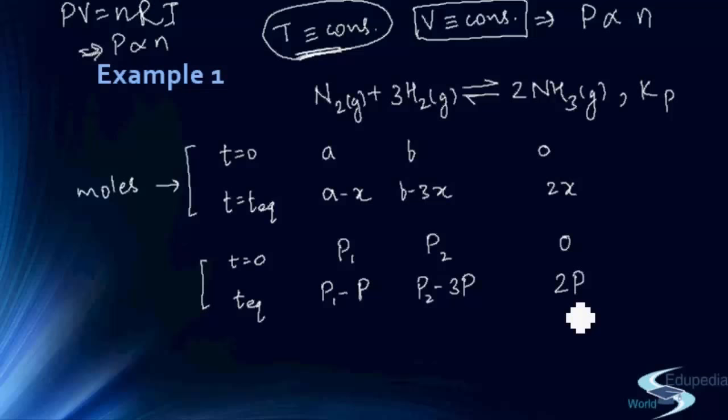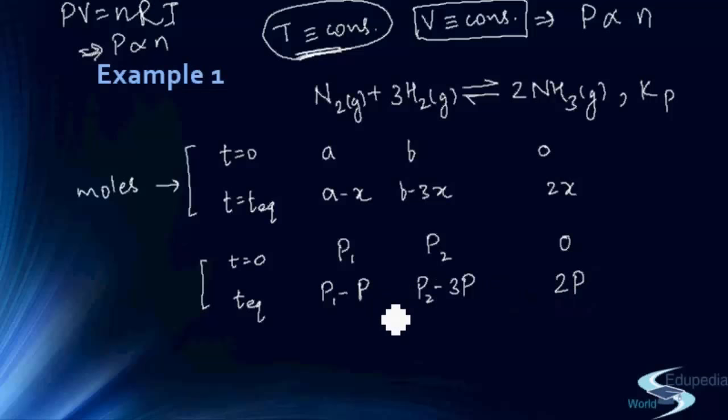So P1 minus P and P2 minus 3P are the partial pressures of nitrogen and hydrogen left at equilibrium, and 2P becomes the partial pressure of ammonia formed by the time equilibrium is achieved.